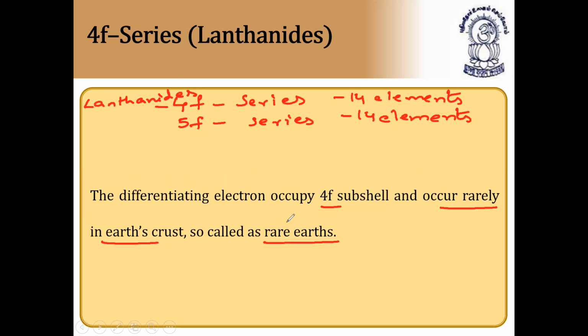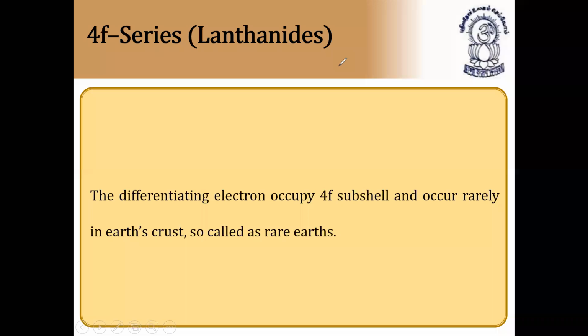Rare earths means these are not found usually in nature. Next, the 5f series is called actinides. Lanthanides and actinides. So in total there are 28 elements in the F block.